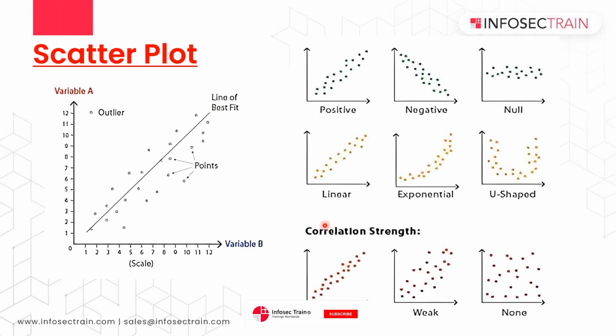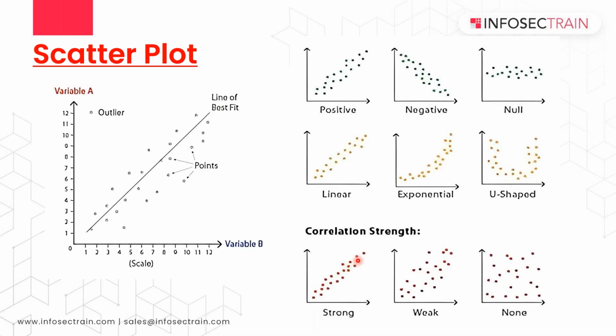Now how can you measure the strength of the correlation? Here, if you see the pattern of your data points, it will be in a straight line. These data points are very much concentrated, very close to each other.